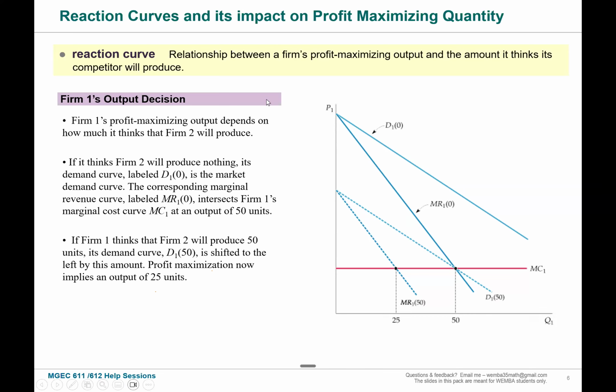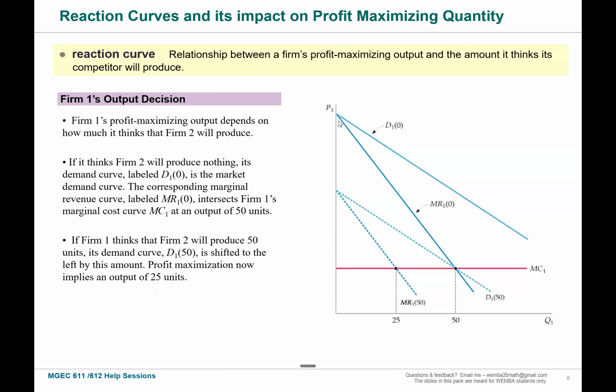But let's understand the concept. Let's say there are two firms, one and two. If you think about firm one, how does firm one decide how much quantity to produce?